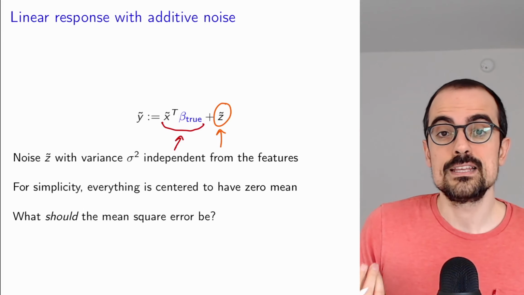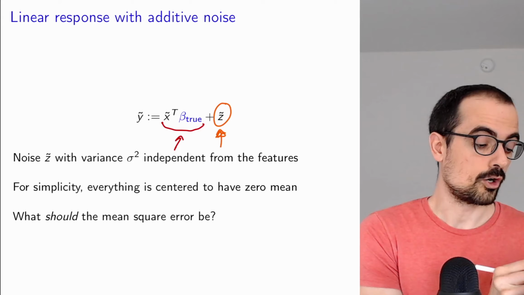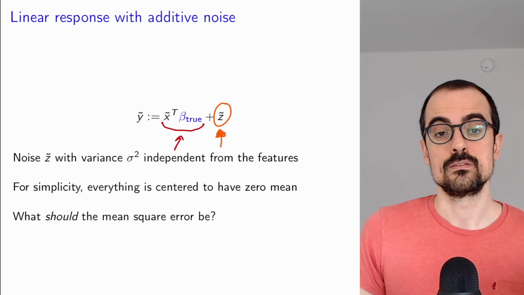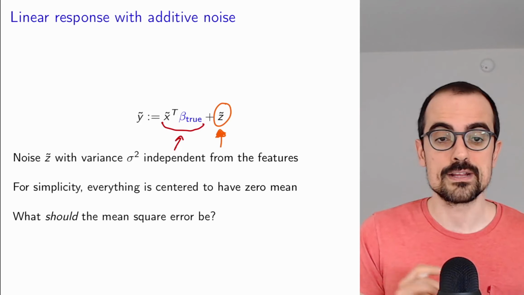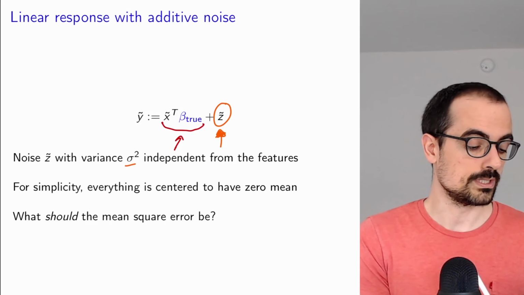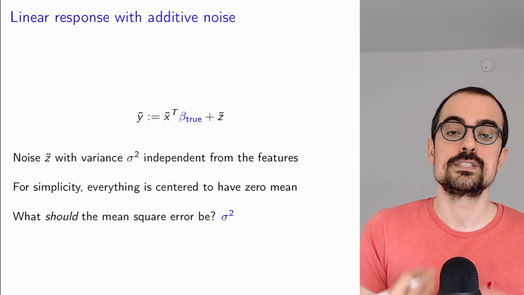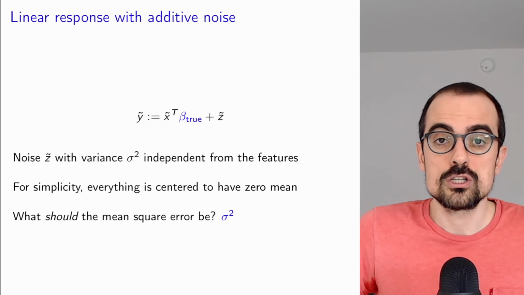So ideally, the mean squared error would be exclusively this orange part on the right, which is the noise that is not related to the features. Because everything is centered, the mean squared of that component is just its variance, which we assume is equal to sigma squared. So ideally, we should observe an error of sigma squared when we try to approximate the response using our model.